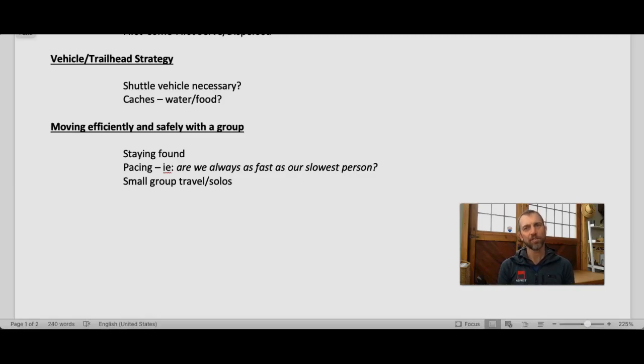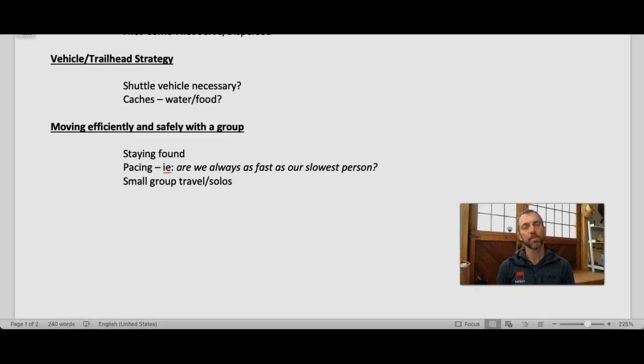And so how do you square those things? A couple strategies that I've employed is, again, really good pacing from the outset. If you're moving really quickly, that person who's struggling to keep up is going to get in their heads, and they're not going to get any quicker. They're only going to get slower. And injury and frustration could ensue.